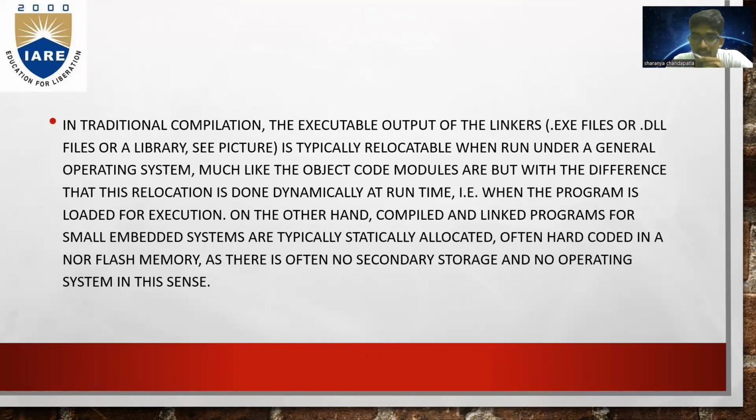That is, when the program is loaded for execution. On the other hand, the compiled and linked programs for small embedded systems are typically statically allocated, often hard-coded in a NOR flash memory, as there is often no secondary storage and no operating system in this sense.